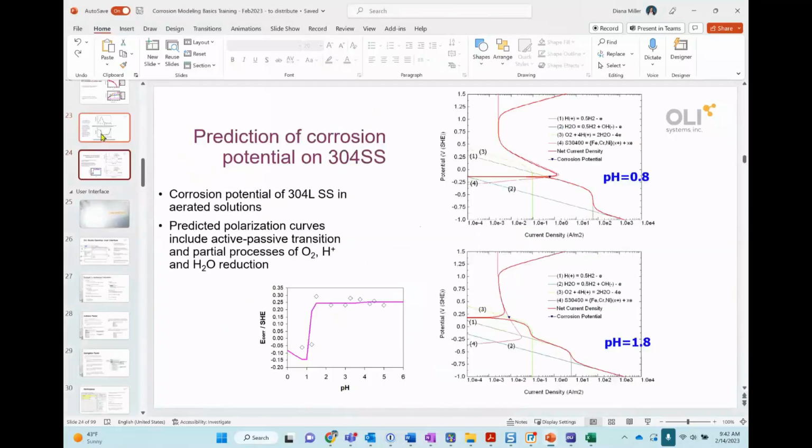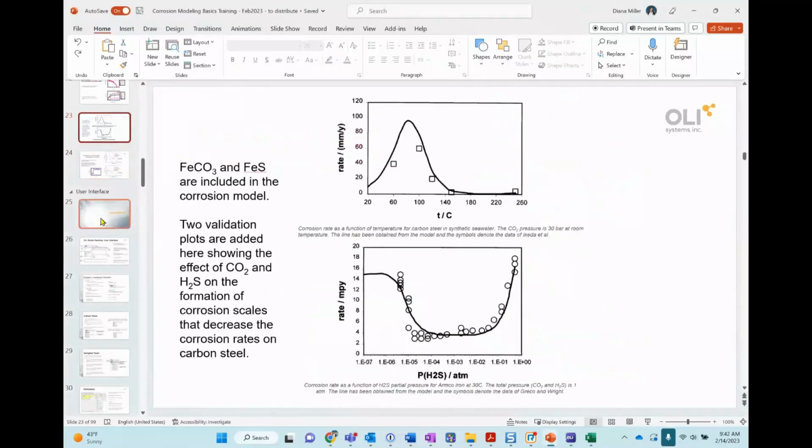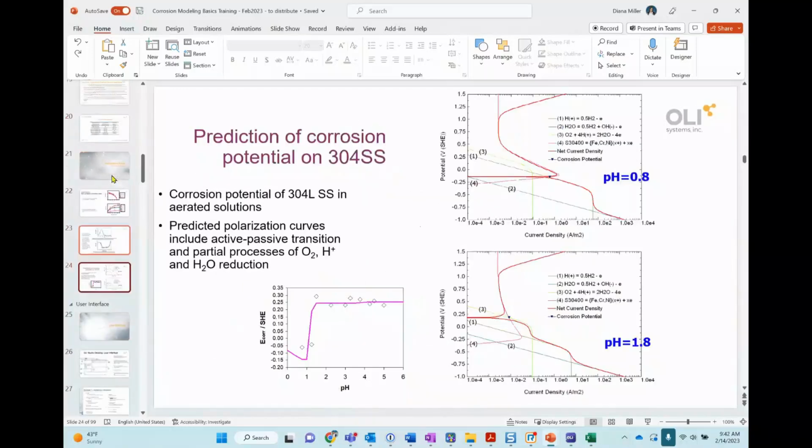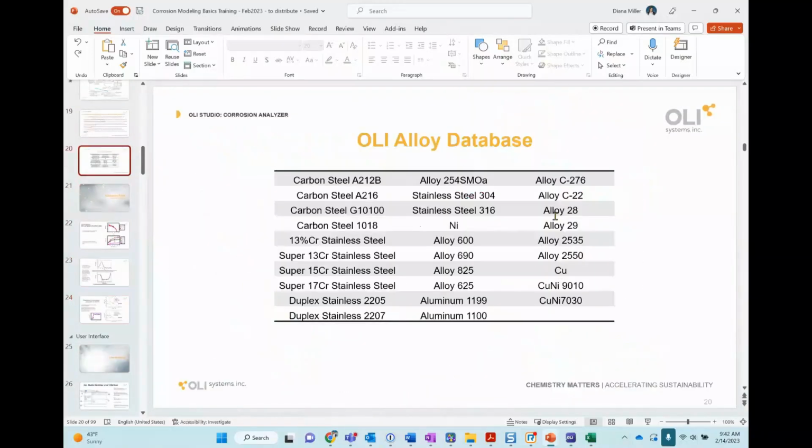Okay, so those are the validation plots we have for different alloys, etc. You get the idea. The main point is, if you are working, let's say, with super 15 chrome stainless steel and you want to know if we are doing a good job on the corrosion rate predictions, you can always ask for those validation plots.